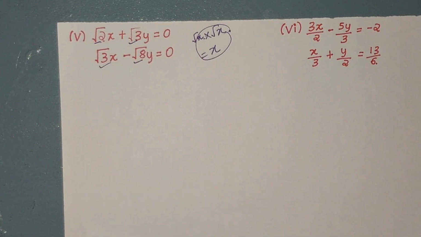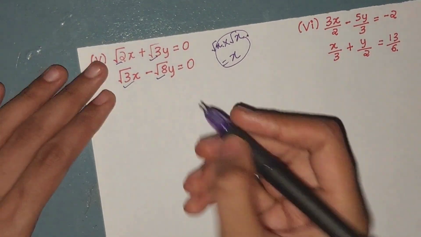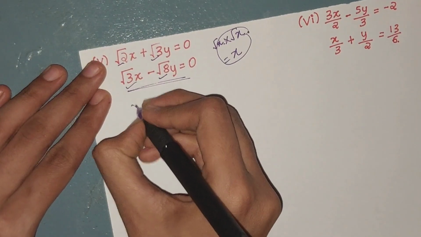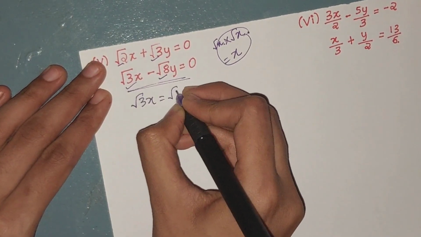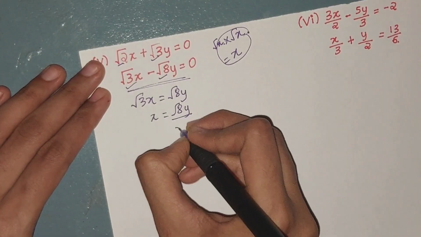Coming to the question, root 2x plus root 3y is equal to 0. Root 3x minus root 8y is equal to 0. Choose any one equation. I'll choose this one because there is a negative sign here, and I will make it positive. Root 3x is equal to root 8y. x is equal to root 8y upon root 3.